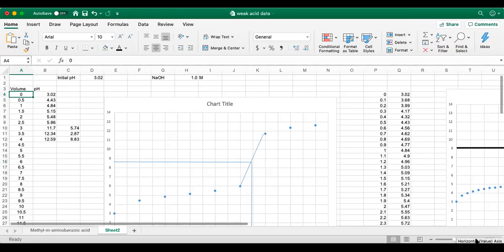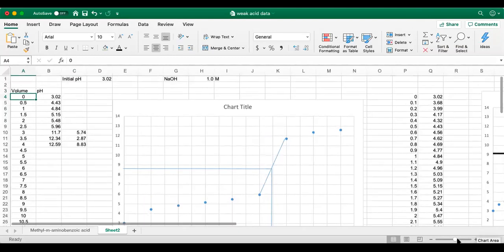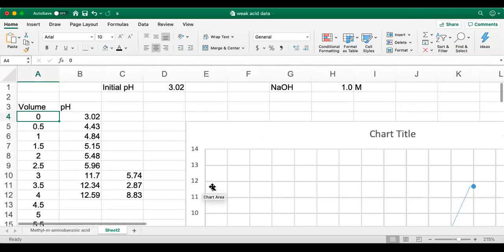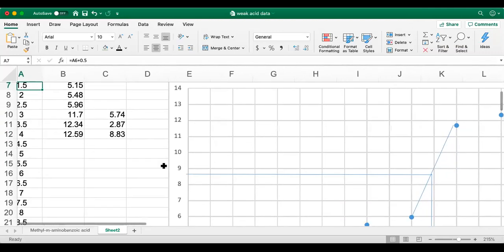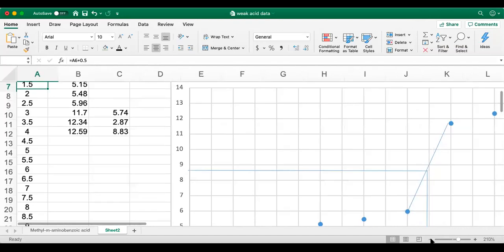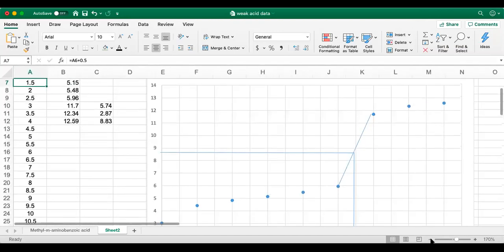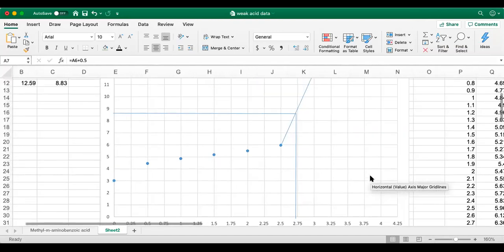So I can zoom in here. It only took up to 4 milliliters for this first trial, and I did it in half milliliter increments. From this, I could generate a very crude graph. Here is where I estimated my equivalence point to be, about 2.75 milliliters.